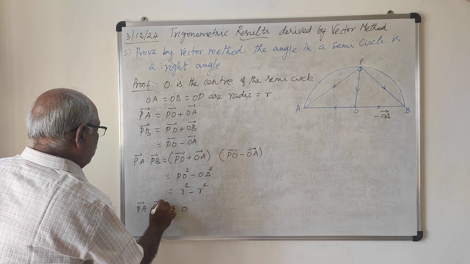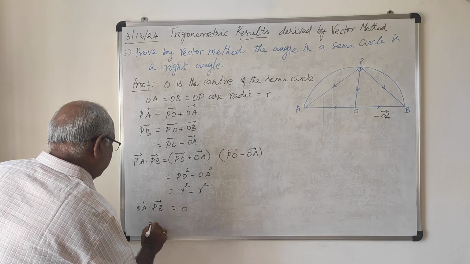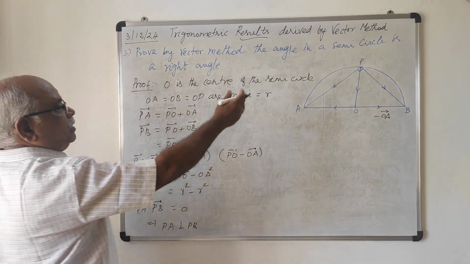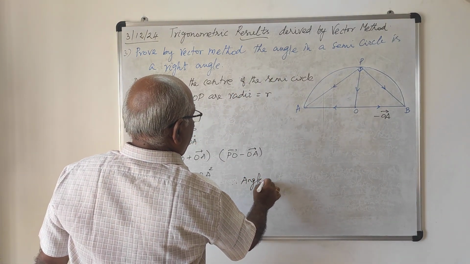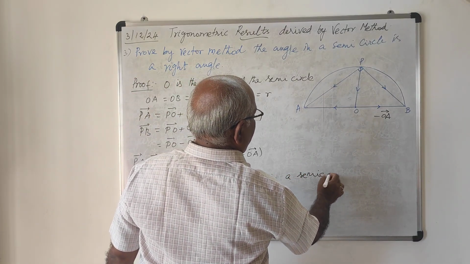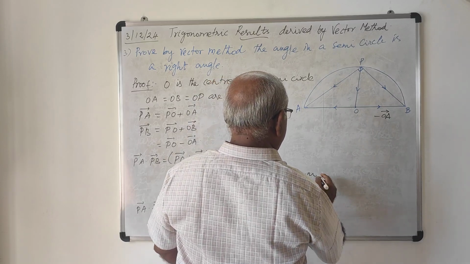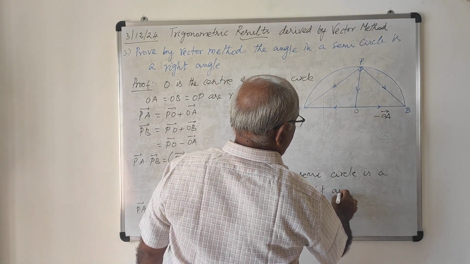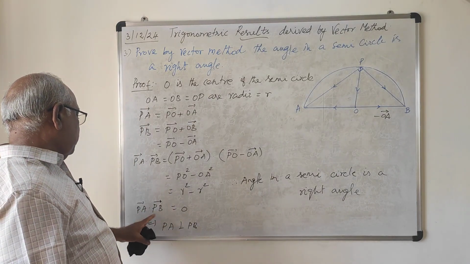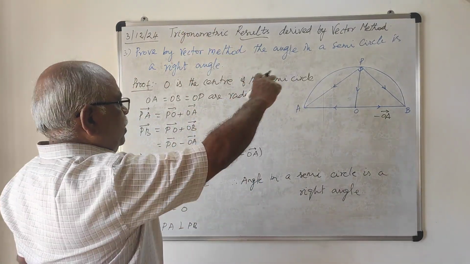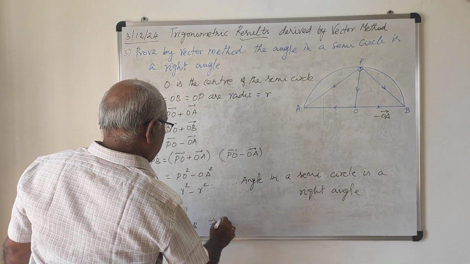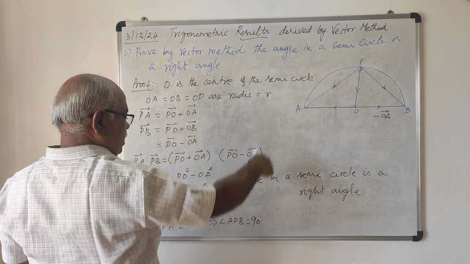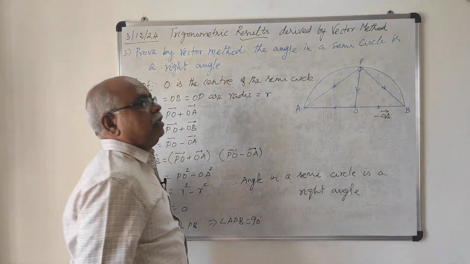So PA is perpendicular to PB, which means angle APB is 90 degrees. Therefore the angle in a semicircle is a right angle.